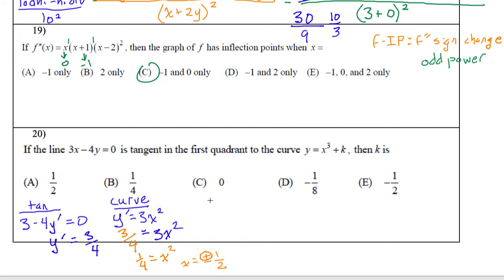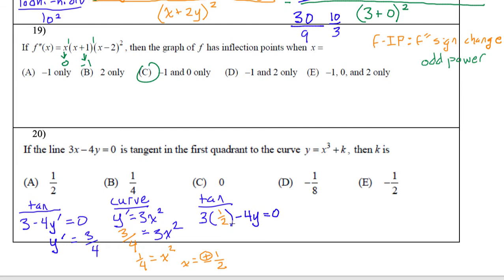Okay, go back to your tangent function. So tangent function. We know that my tangent function has x equals 1/2, so I can say 3 times the 1/2 that I just found before, and I still need to fill in the rest of the equation, so minus, sorry, this one up here, minus 4y. So minus 4y is equal to 0.